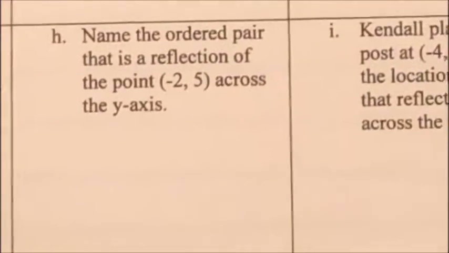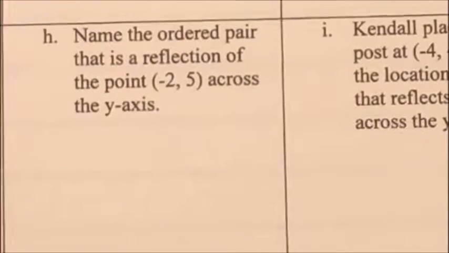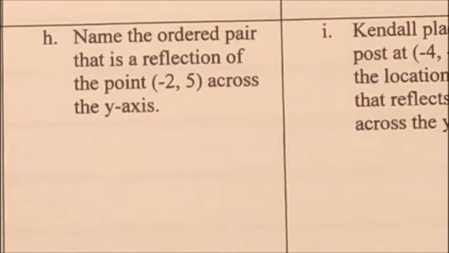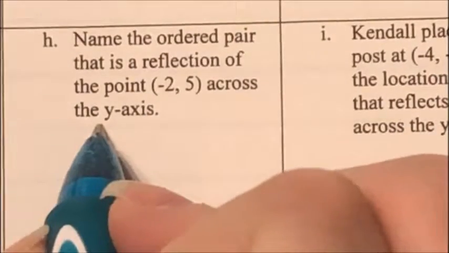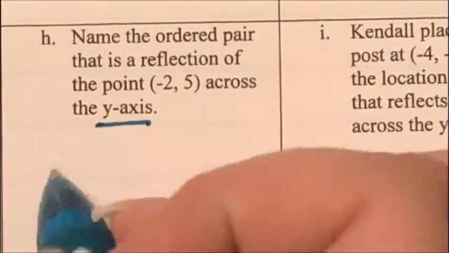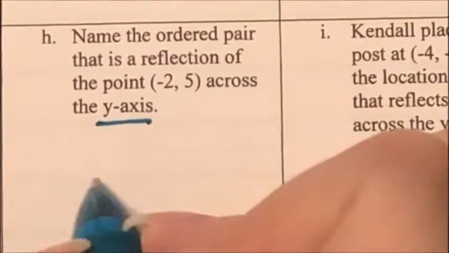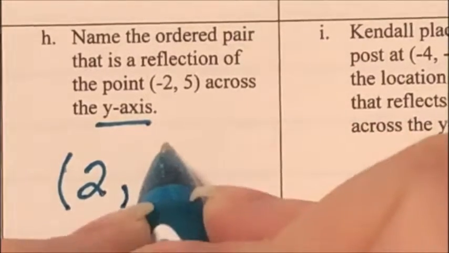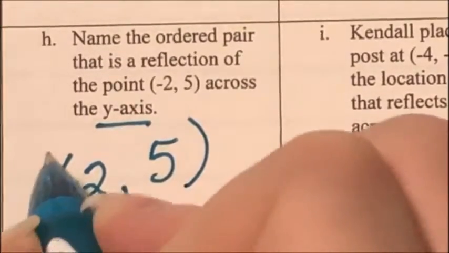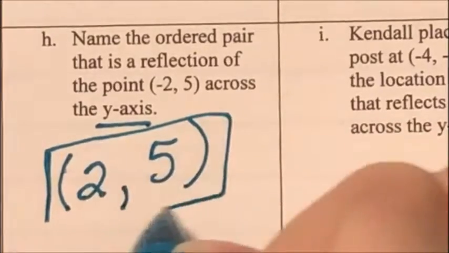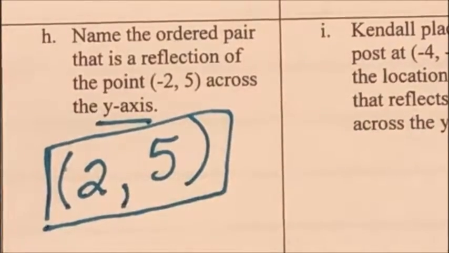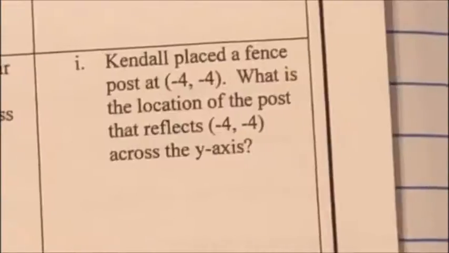Letter H, name the ordered pair that is a reflection of the point (-2, 5) across the y-axis. Okay, so y-axis, so y stays the same, x changes. So -2 becomes 2, and my y value stays the same. So I get (2, 5).